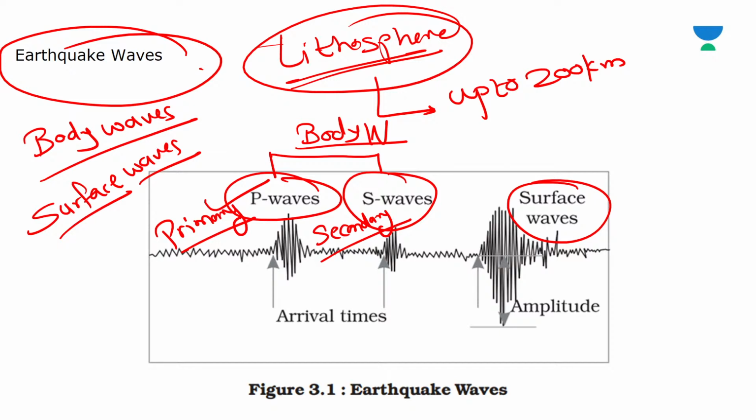Now, friends, the surface waves are the last to report on the seismograph. So these waves are more destructive. They cause displacement of rocks and hence the collapse of structures occurs.